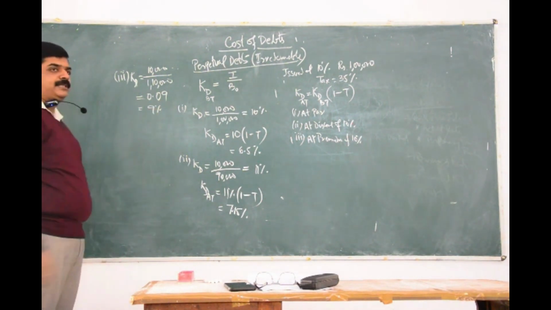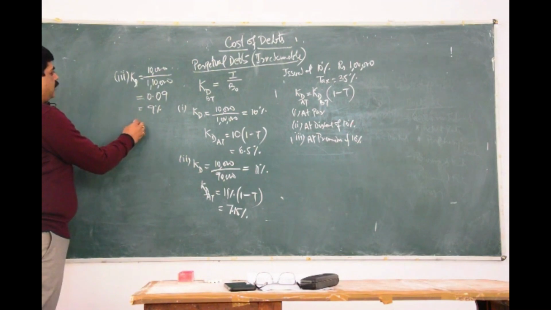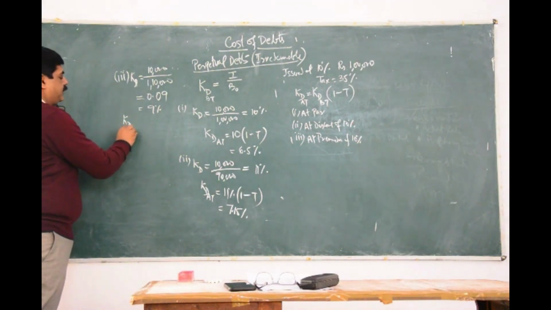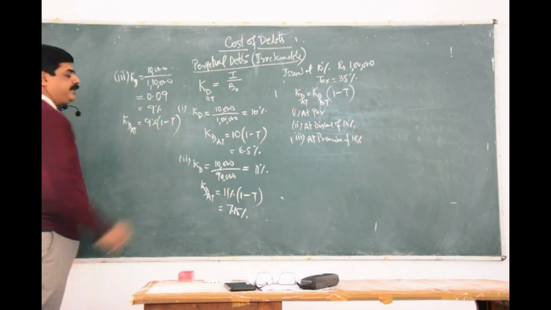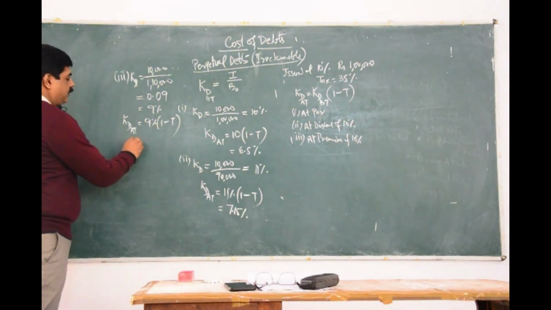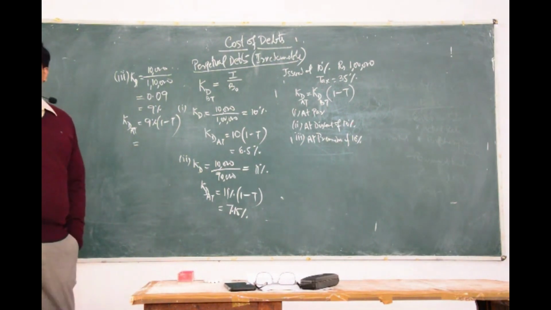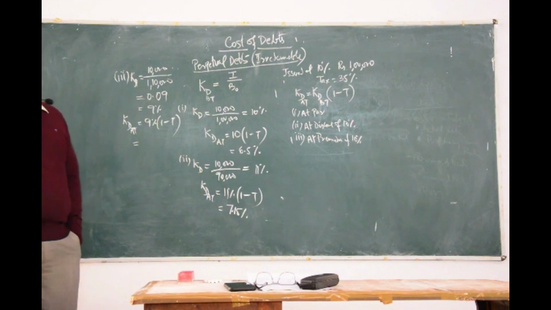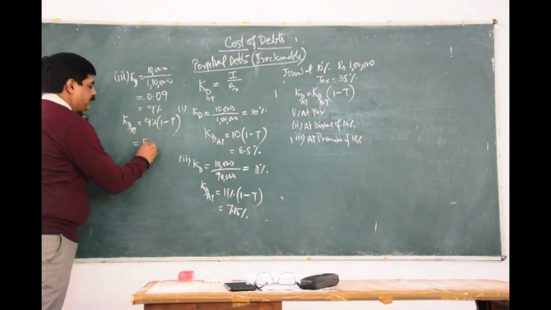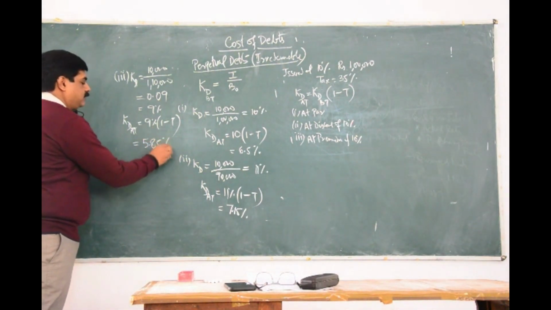That makes 9%. And after tax, that is 9% into (1 minus T), where T is 35%. So 9 multiplied by 0.65 is 5.85. It is coming as 5.85%.